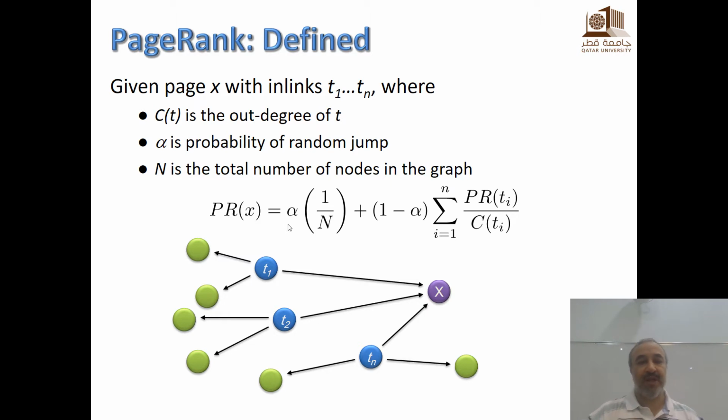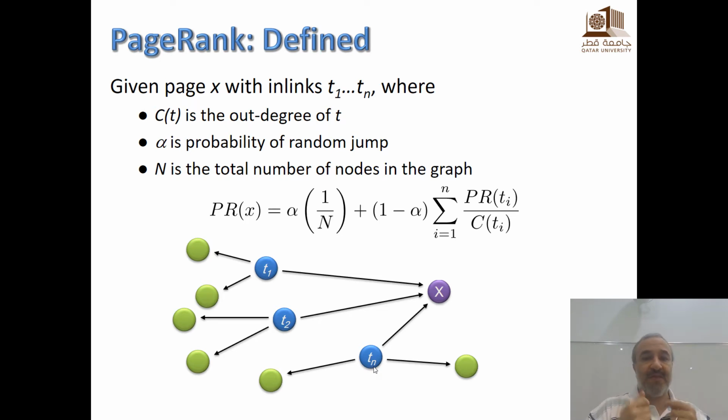Now, how is PageRank computed? Let's say that we want to compute the PageRank of page X. Page X is linked to from T1, from T2, from n pages, from T1 to Tn. Okay? We said that I am important if many important people are pointing to me, right? So my importance actually comes from the importance of those who are pointing to me.